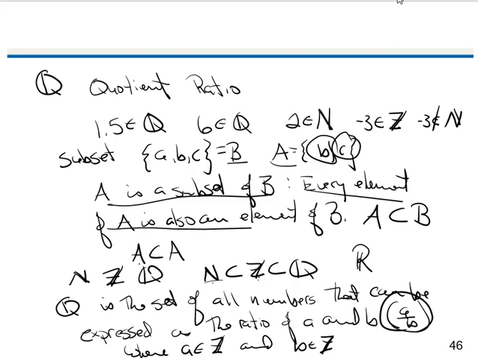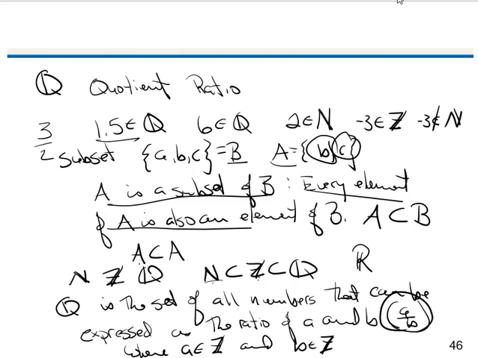Can you think of a number that can't be? We already showed that 1.5 can be expressed as the ratio of 3 and 2, so it's in Q. And can you think of any numbers that cannot be expressed as the ratio?